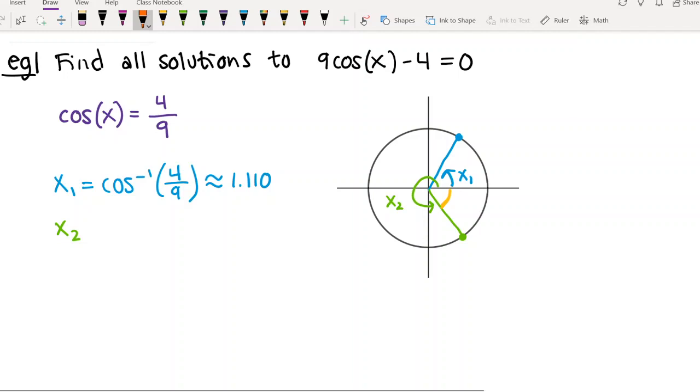Well, in this case, 2 pi would be if we went all the way around the unit circle. If we do 2 pi minus the yellow angle, which is x1, that will give us x2.